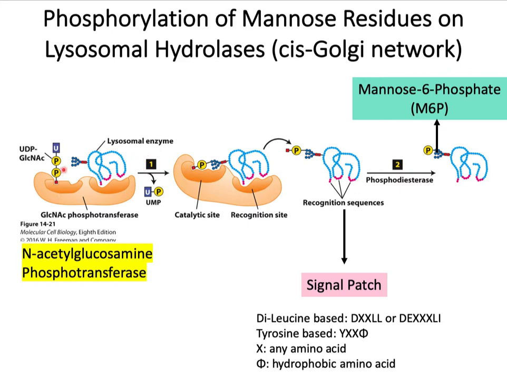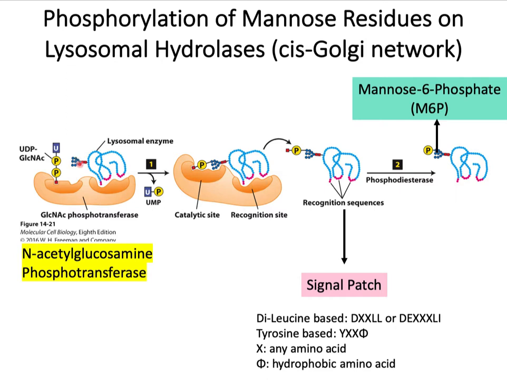This little red square is N-acetylglucosamine that is phosphorylated. So it actually catalyzes the transfer of this phosphate group, via this N-acetylglucosamine, to carbon atom 6 of the mannose residue on the N-glycan, which is denoted by this branched structure right here.